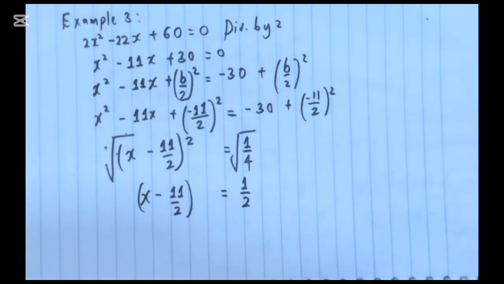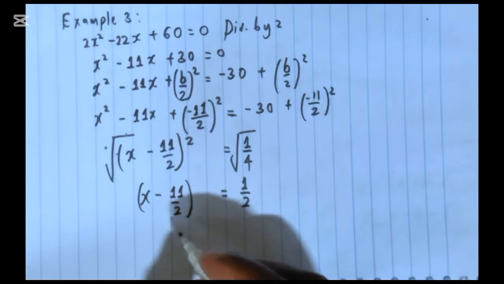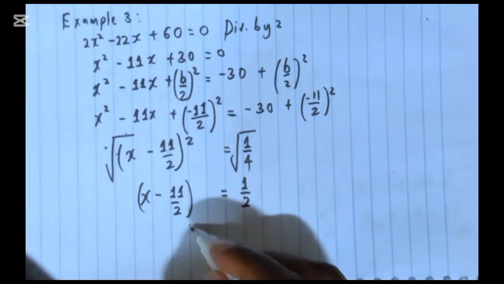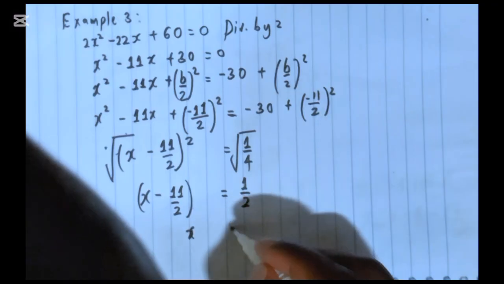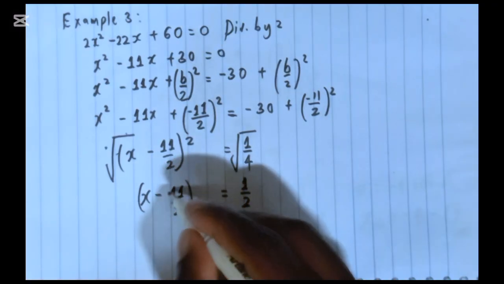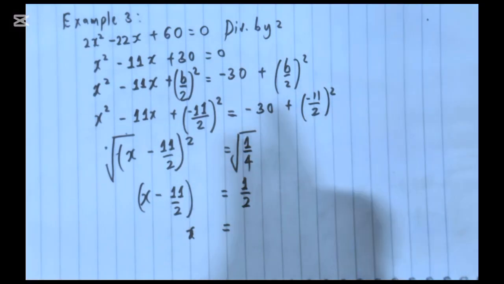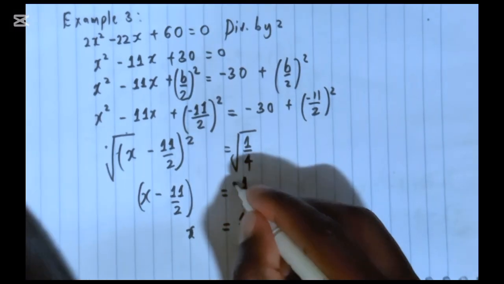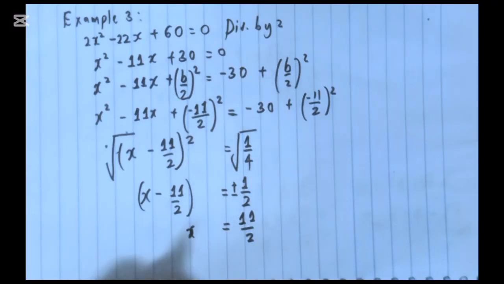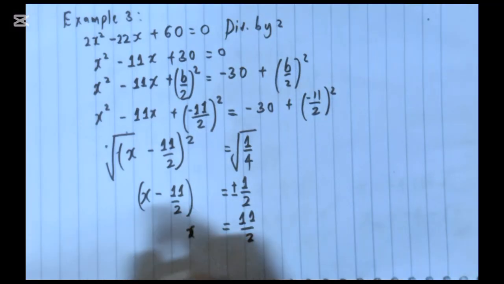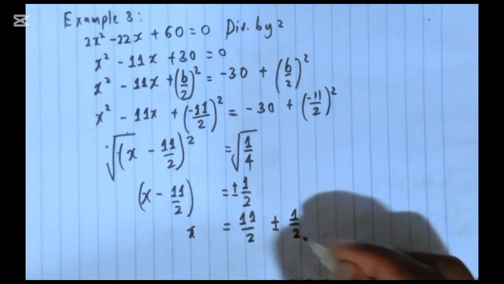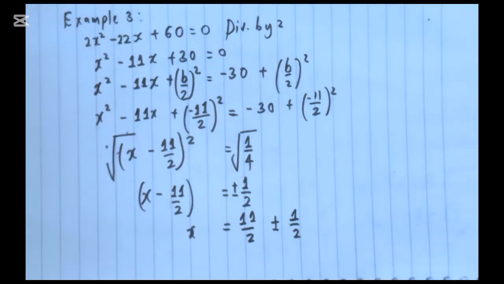To find the value of x, we make x the subject of the formula. When you take negative 11 over 2 to the right hand side, it's going to be 11 over 2. Sorry, the square root should always be plus or minus. So that's going to be 11 over 2 plus or minus a half.